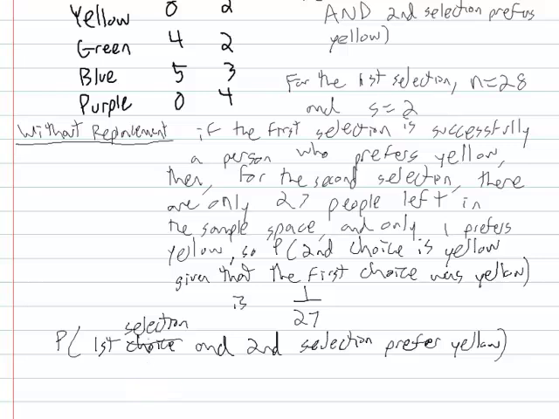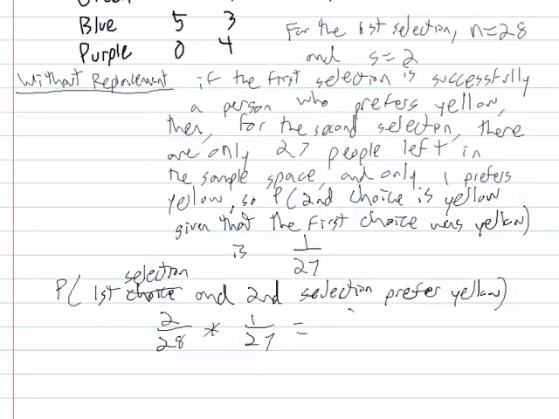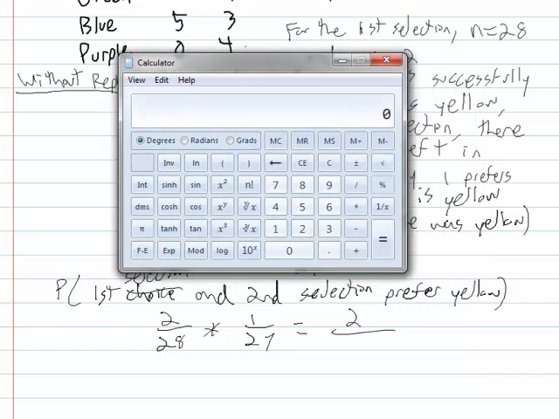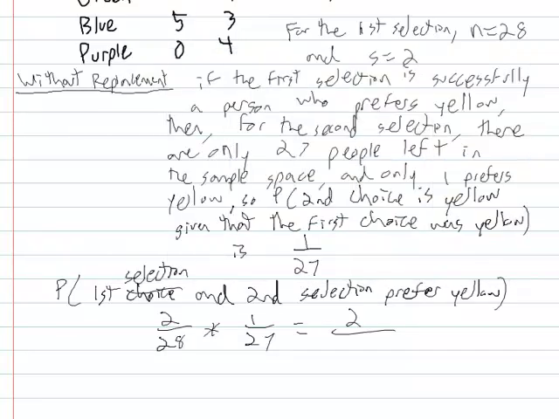We take the probability that the first selection is yellow, that's 2 out of 28, times the probability that the second selection is yellow, which is only 1 out of 27. We end up with 2 out of 28 times 27, which is 756, and 2 out of 756 is 0.0026455, approximately.